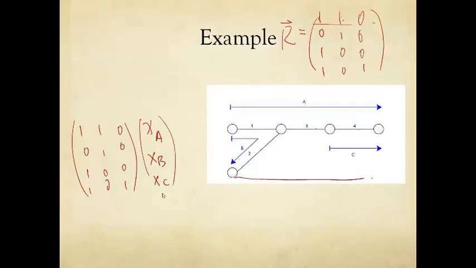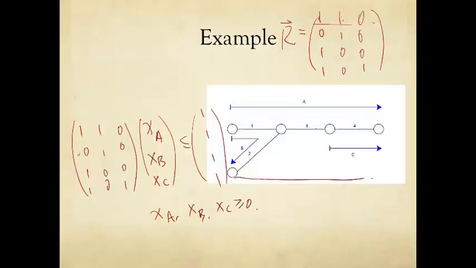Since we label them by ABC, we call them XA, XB, XC, less than or equal to the 4x1 vector, the link capacities. As mentioned before, we assume unit capacity on each link, 1 megabit per second. That's the constraint. And of course, we need all the XA, XB, XC to be non-negative, to be physically meaningful.